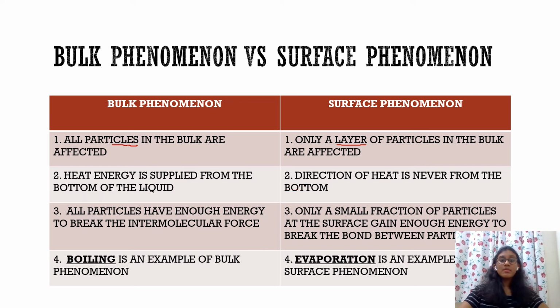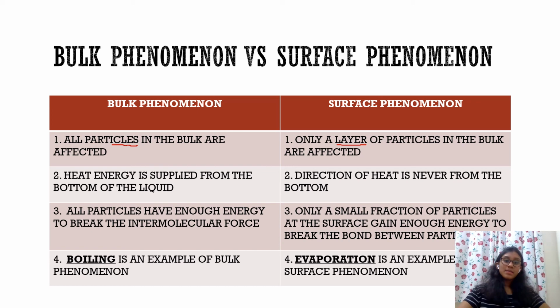That is why in a bulk phenomenon, all the particles are affected because the heat is supplied common to all the particles, whereas in surface phenomenon, the direction of heat can be from either of the sides or from the top or at any angle, and that is why only the layer pertaining to that angle gets affected, but not the other parts of the entire compound.